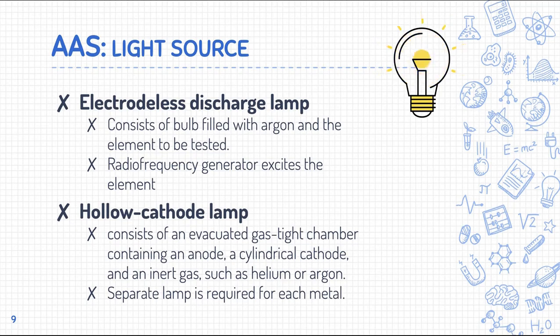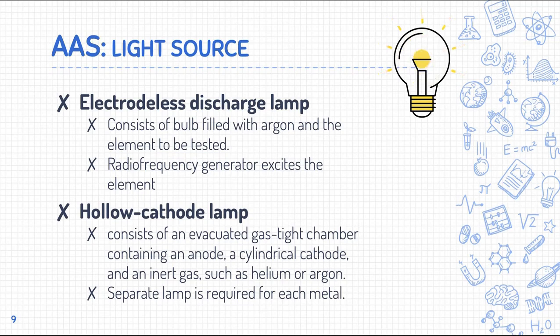Your electrodeless discharge lamp consists of a bulb filled with argon and the element to be tested. It uses a radio frequency generator to excite the element. On the other hand, we also have your hollow cathode lamp.